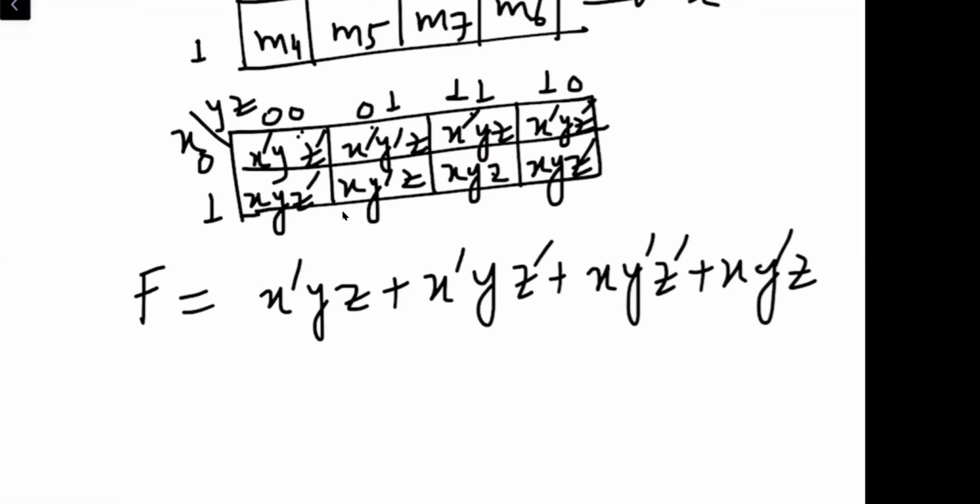Now if you see which specific boxes will be labeled in the K-map with these functions. So let's see.